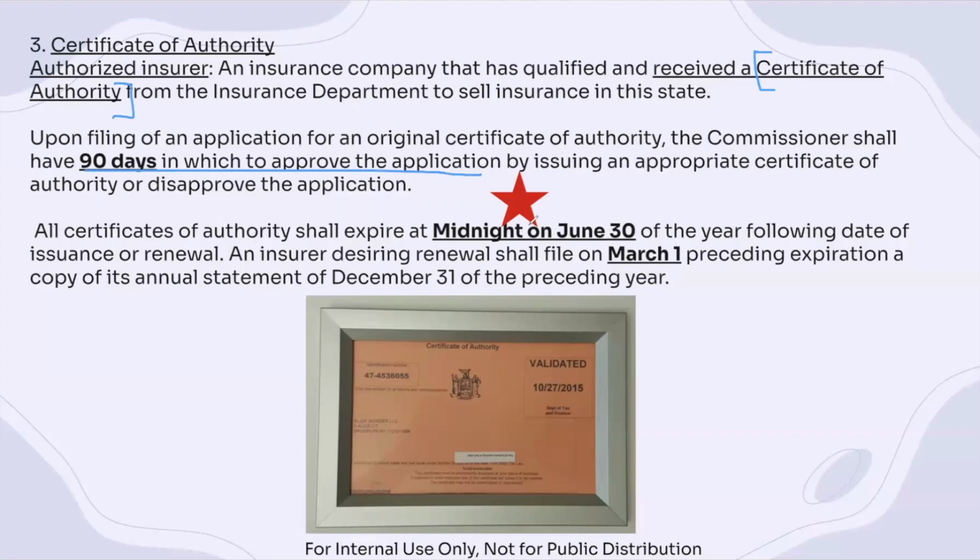When does it expire, and when should the insurer renew? It's important that insurers are authorized. It's called an authorized insurer, because they're authorized to sell insurance in that state.